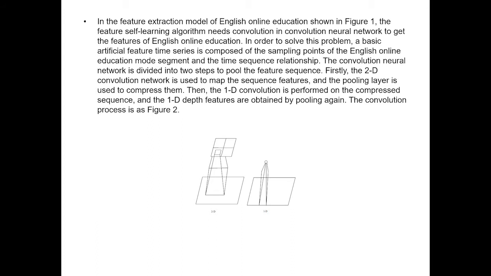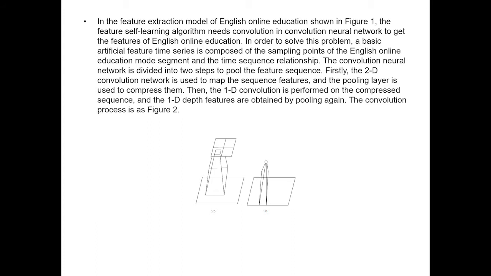In order to solve the problem, a basic artificial feature time series is composed of the sampling points of the English online education mode segment and the time sequence relationship. The convolution neural network is divided into 2 steps to pull the feature sequence.